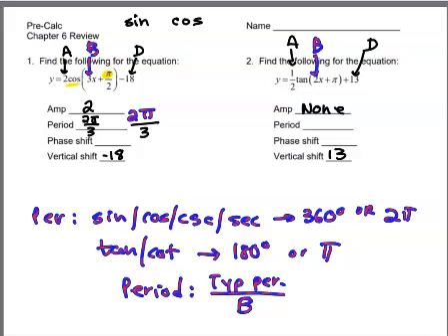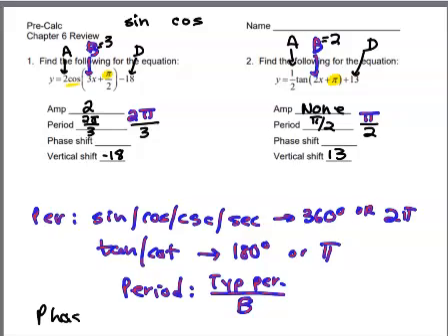Now if I look at the typical period of the tan, again we're going to do radians because I see a pi here. So I know it has to be in radians. The typical period is pi radians, and again we're going to put that over 2. Well, I can't really simplify that. So the period, instead of being pi, which would be typical for tan, it's pi over 2. So I shouldn't say it's always over 2, but it's over B. So the B here is 2. The B here was 3.